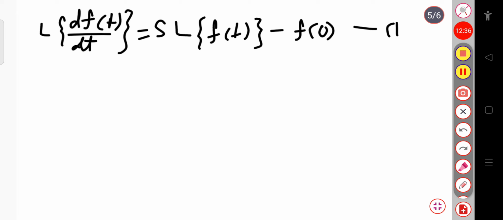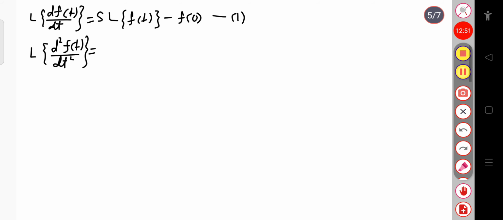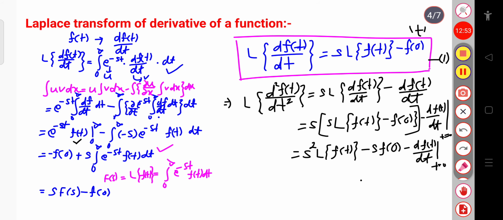And for the second order derivative, the Laplace transform of d square f of t divided by dt square is equal to, now you can see, a square L f of t minus s f of 0 minus df of t divided by dt at t equal to 0.